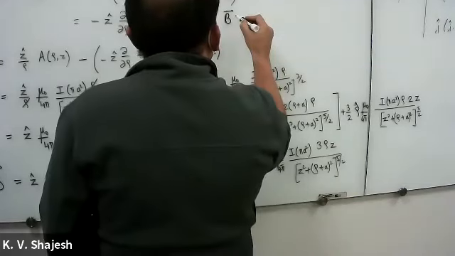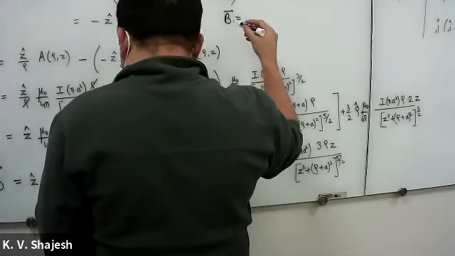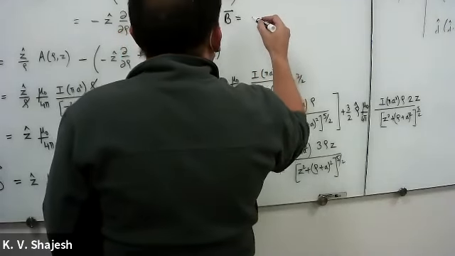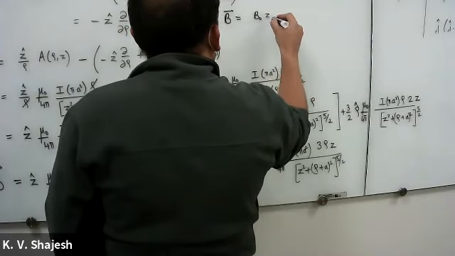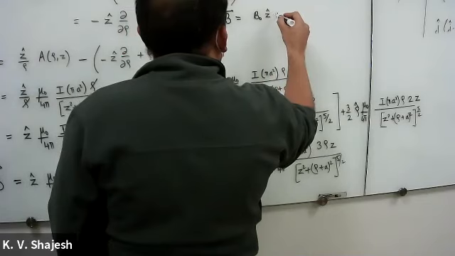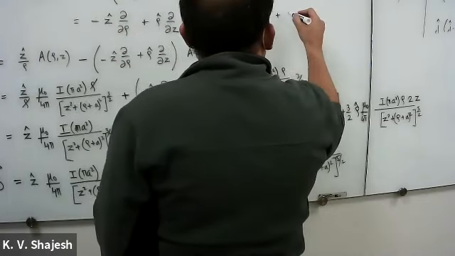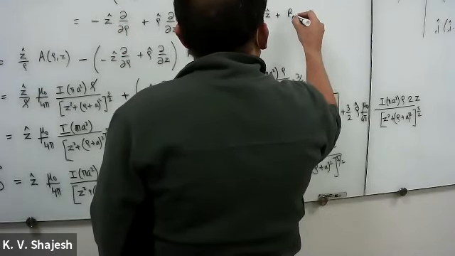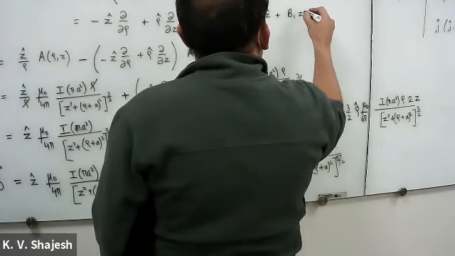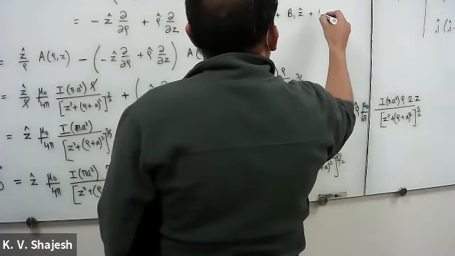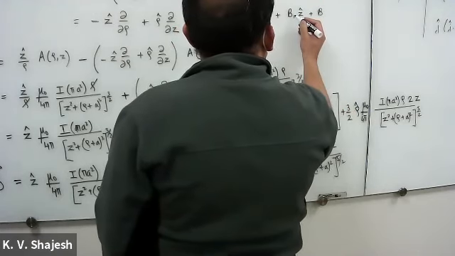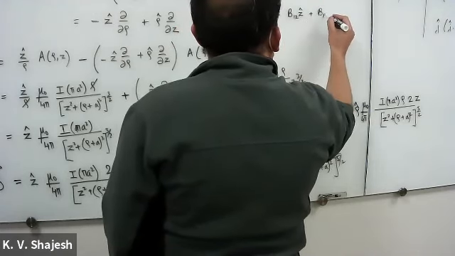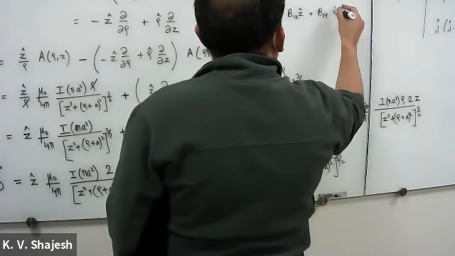So B has, let's call that B0, in the Z hat direction, plus there is a B1 in the Z hat direction, plus there is a B2, let's not call it B2, let me call this B1Z, and this is B1 rho in the rho hat direction.